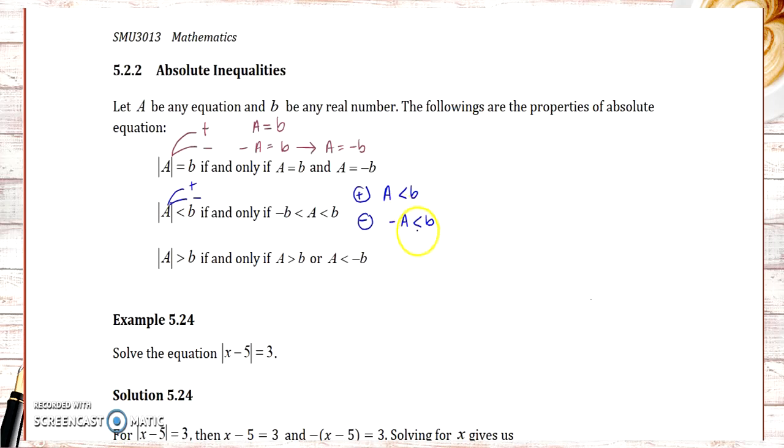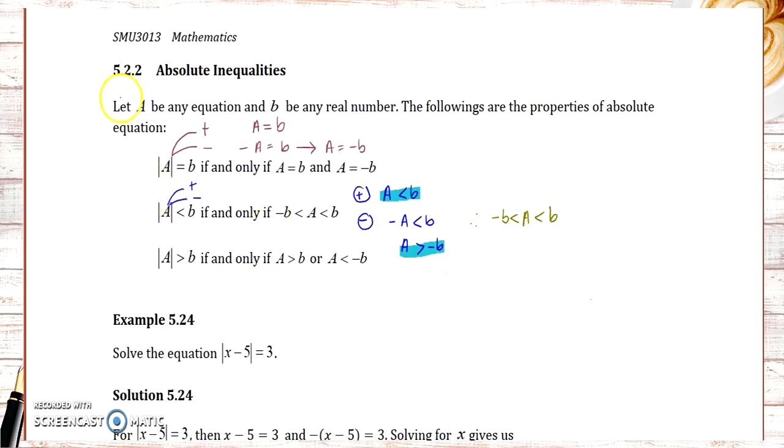To eliminate the negative from the left hand side, we divide both sides by negative, and when dividing both sides by a negative, we need to reverse the sign. A greater than negative b. So we have A less than b and A greater than negative b. We can combine these together and it becomes A greater than negative b and less than b.